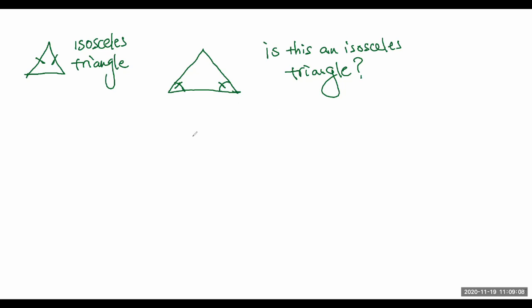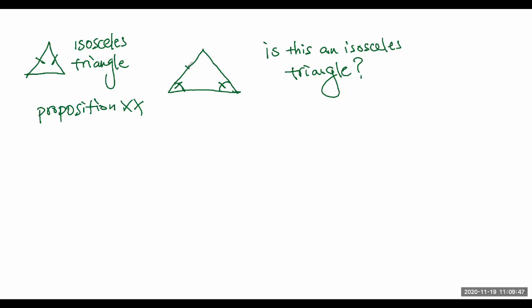Well, this is one of the propositions. It's actually our proposition 20. Basically it says that if two angles are equivalent, then the sides opposite to those angles are congruent.